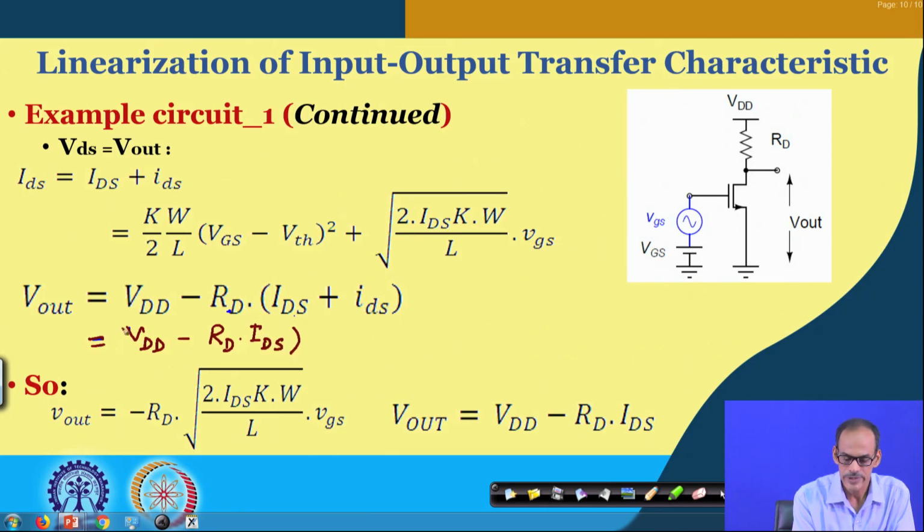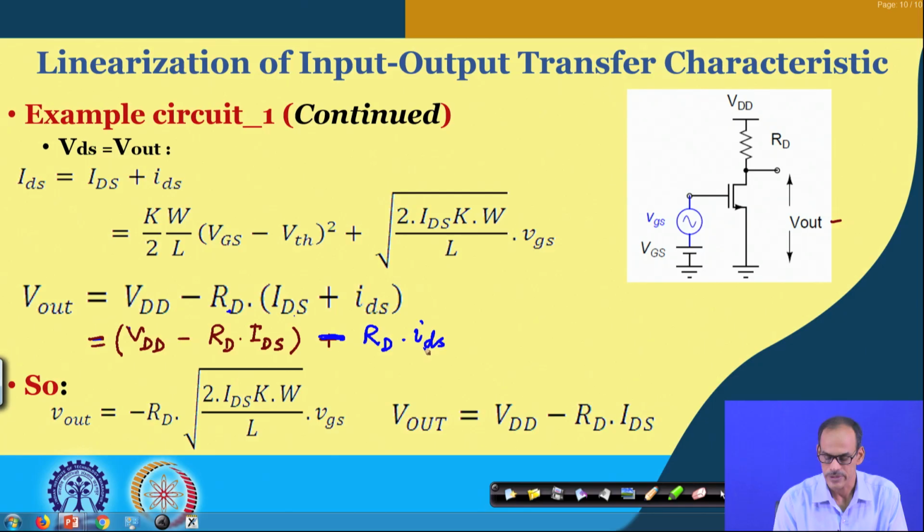This is the DC part at the output, and then we do have minus RD into small IDS.